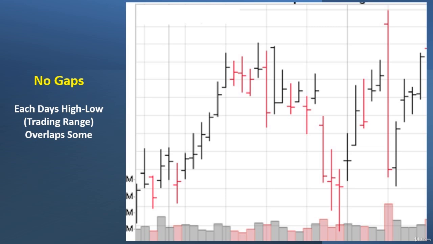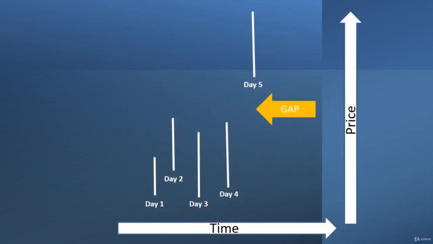What we're looking for is a situation where those ranges don't overlap at all. That would be a gap situation. So if we look at this example here, you can see days 1, 2, 3, and 4. And these could be whatever time periods you want. If you're trading on minutes or hours, or however your trading time frame is, we'll just use days here to keep it simple.